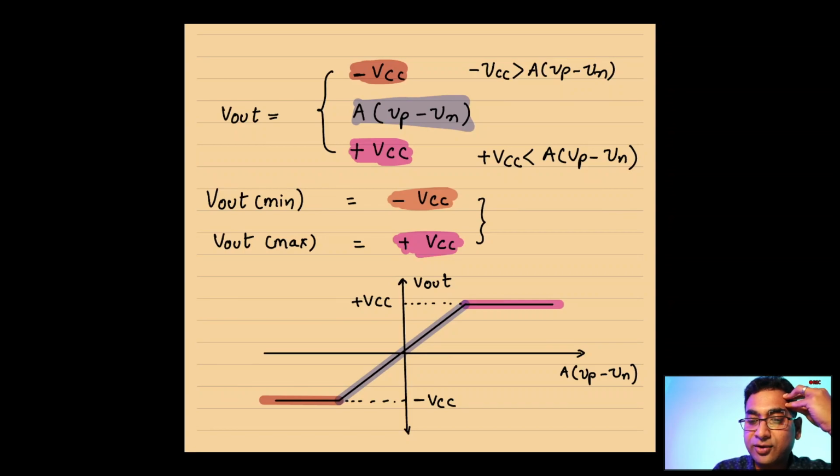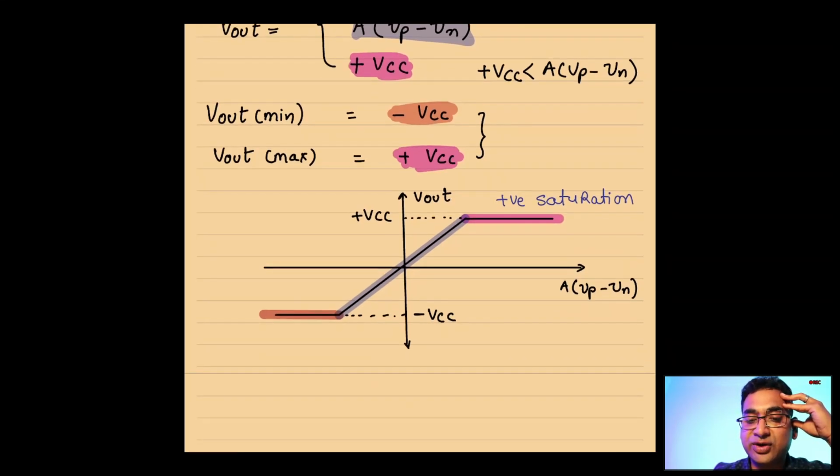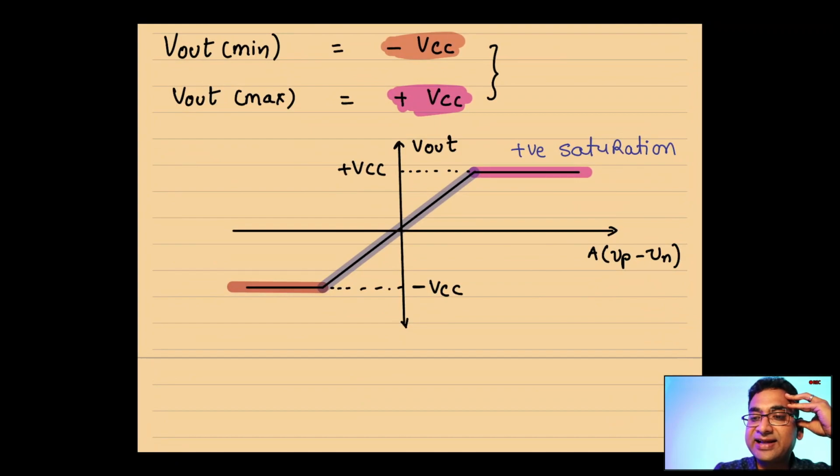So, let me color code them. This one is called positive saturation region, the region where the output maxes out at plus VCC. That's the positive saturation region, and then this region is called negative saturation region.